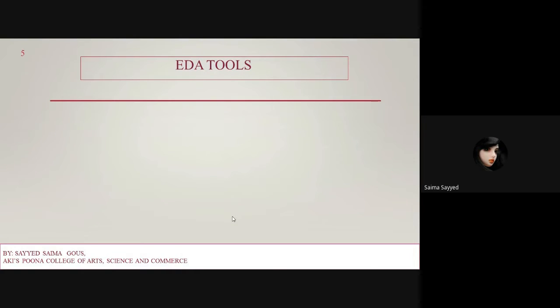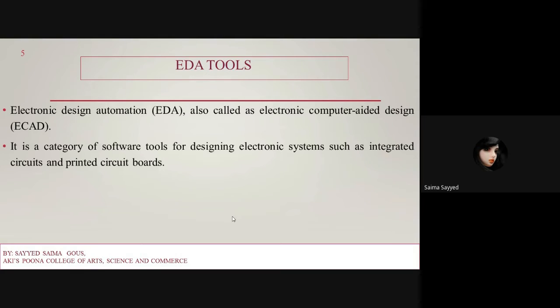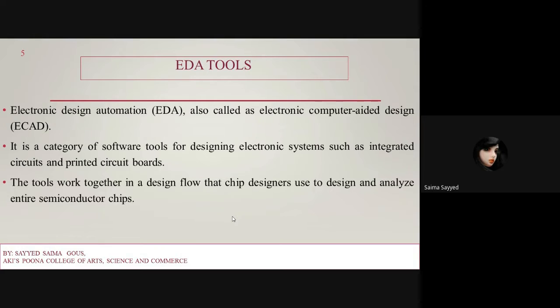Now, what are EDA tools? EDA means electronic design automation, and it is also called electronic computer aided design, ECAD. It is a category of software tools for designing electronic systems, such as integrated circuits and printed circuit boards. The tools work together in a design flow that chip designers use to design and analyze an entire semiconductor chip.